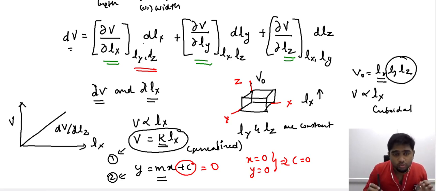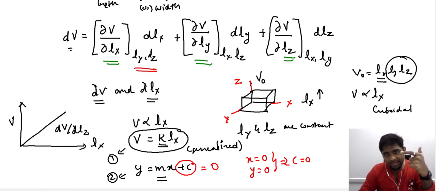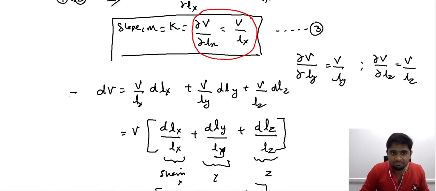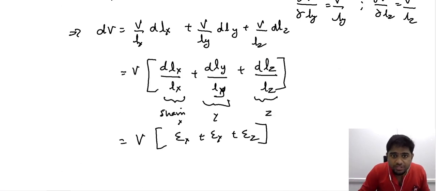Now, owing to the relation between the volume and the dimension in the specific direction, we were able to replace this derivative with the ratio of volume and the dimension in the specific direction. So that helped us arrive at this rather straightforward expression here. And when we take the common volume term out, each of these terms indicates the change in the dimension along a specific direction with respect to its original dimension, which is nothing but our canonical description of strain.